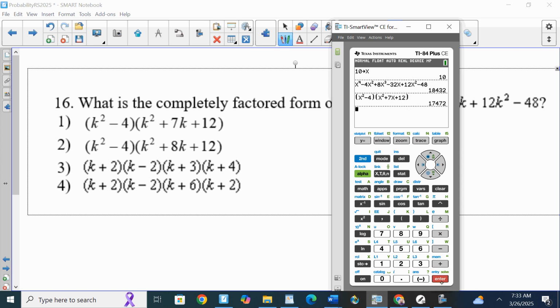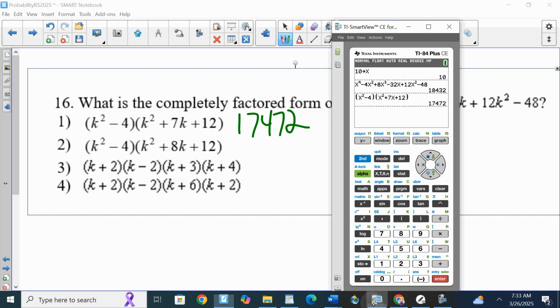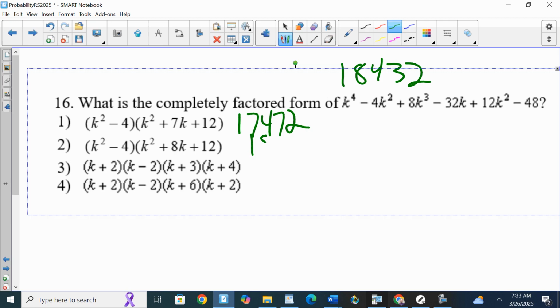That gives me 17472. So if that doesn't match up, I can copy and paste this and just change the plus 7x to plus 8x. There's my 18432, but I'm going to go through the rest of the choices.